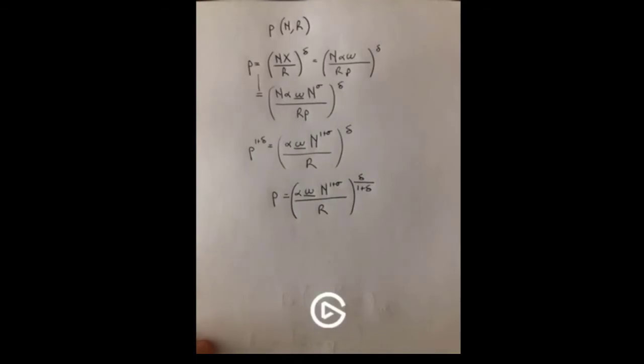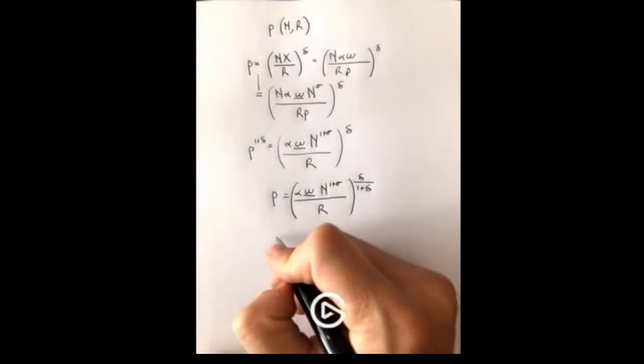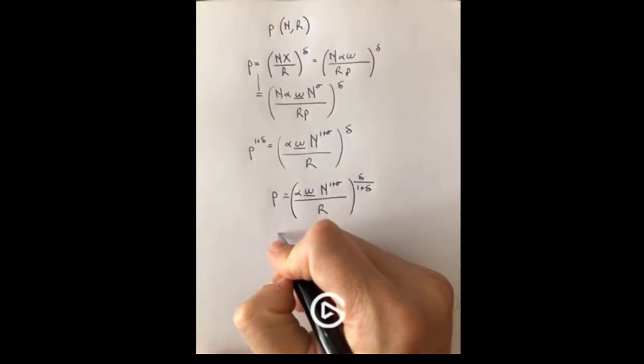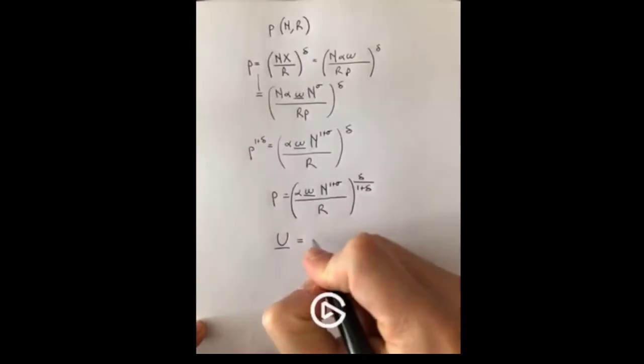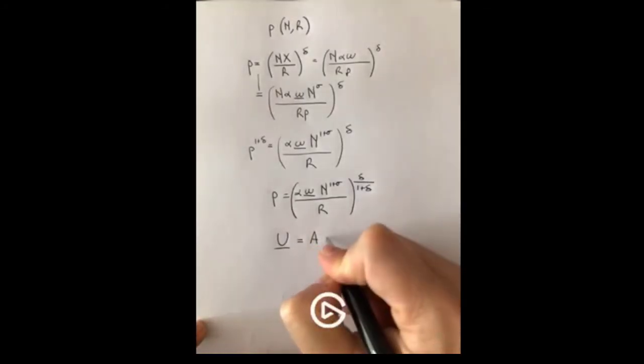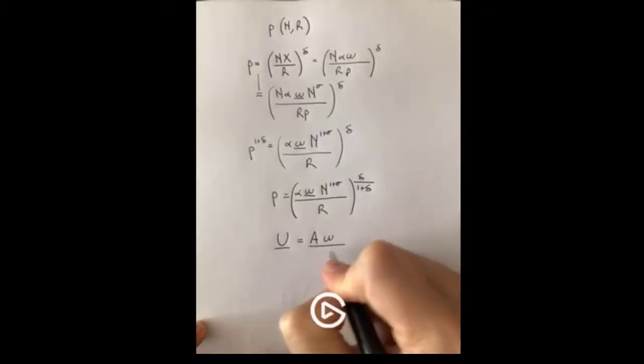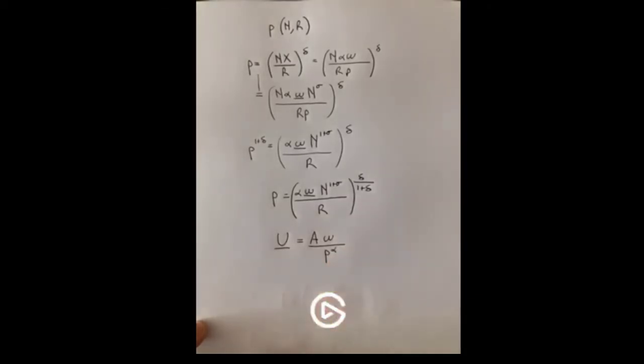Now we're going to combine this formula with the formula that tells me that in equilibrium the utility of the individual living in the countryside is equal to the utility of the individual living in the city, where we found the indirect utility was equal to a w divided by p with exponent alpha.